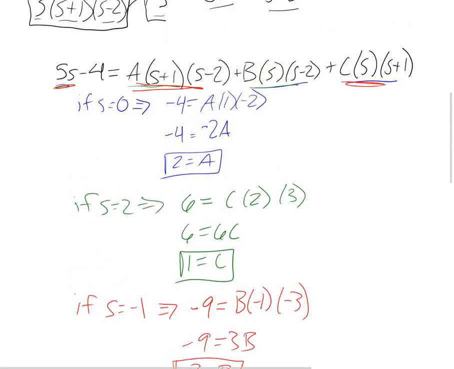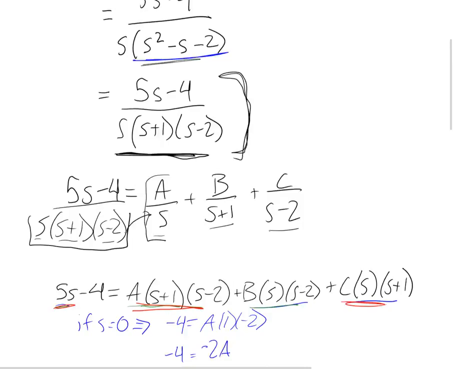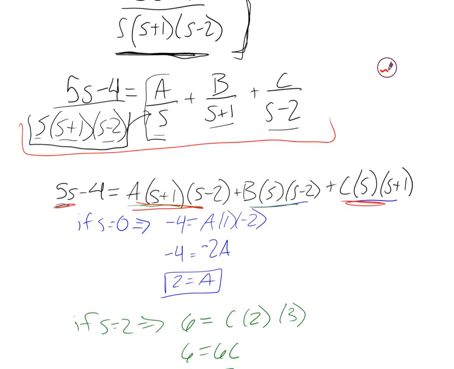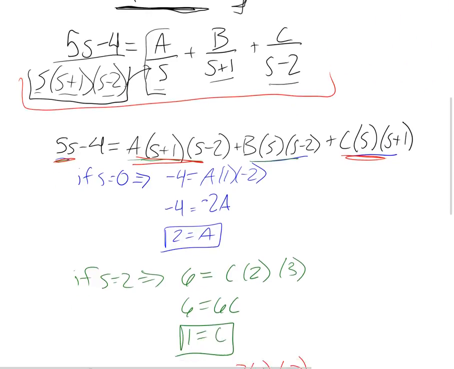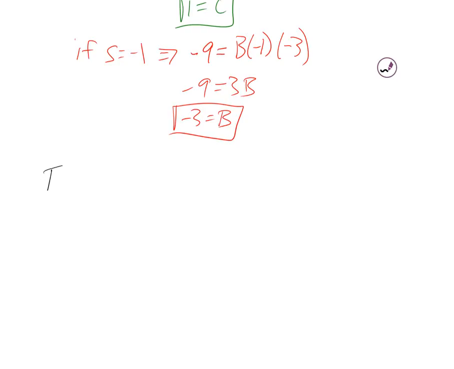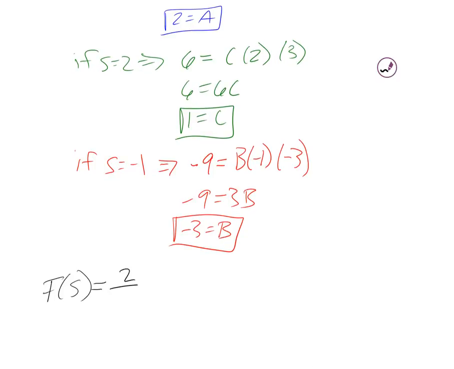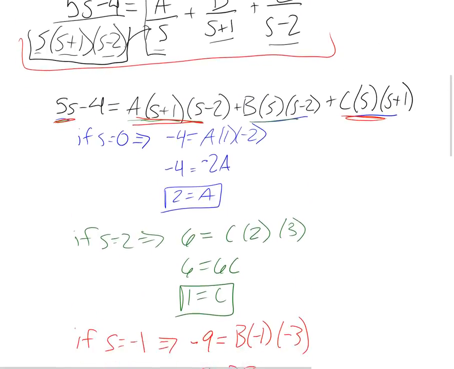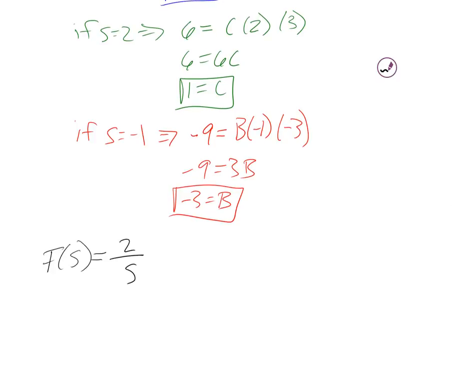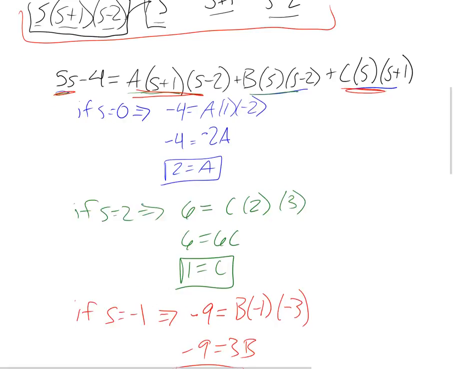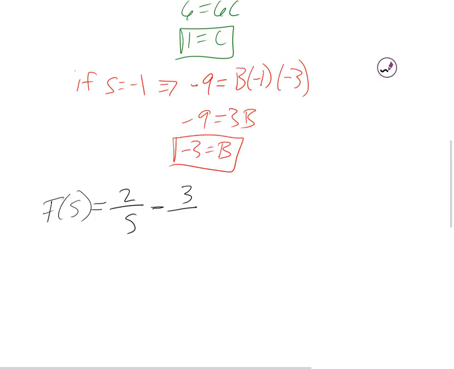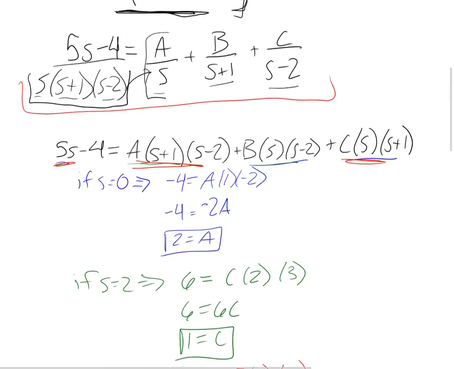Now that we have all of these values, we can plug them back into the equation. So our new F(s) is equal to A, which is 2 over s, then B, which is negative 3 over (s plus 1), plus 1 over (s minus 2).